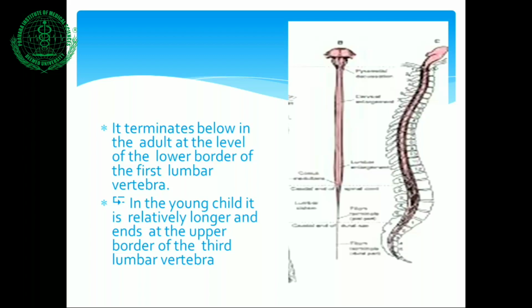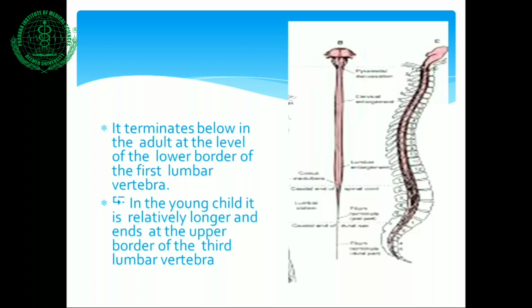Now during the intrauterine life, the spinal cord extends throughout the length of the vertebral column. But after birth, the length of the vertebral column increases more as compared to the spinal cord.